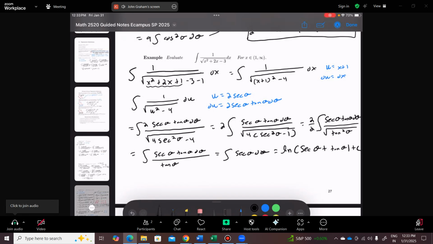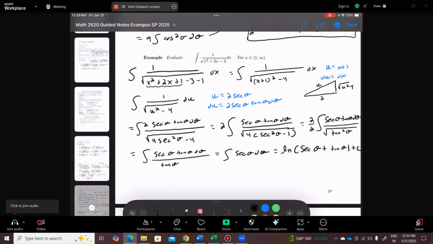Alright, so now we have to look at what theta equals. And so again, we'll look at a triangle for this. u squared minus 4, 2, and u.